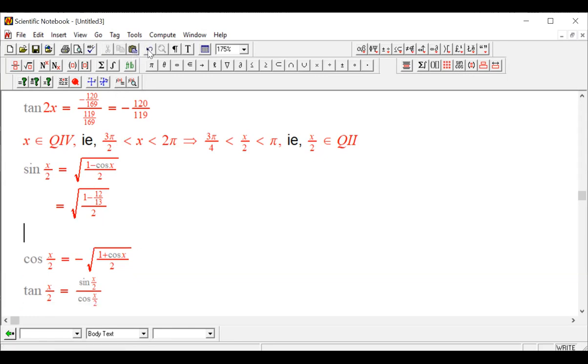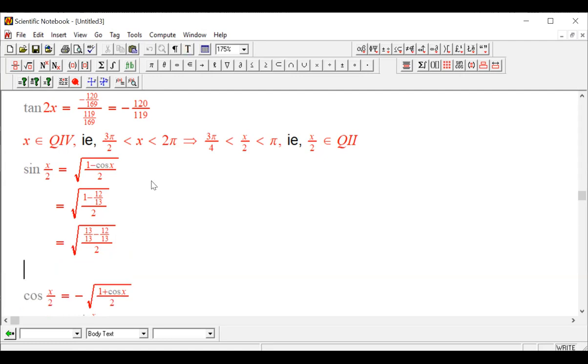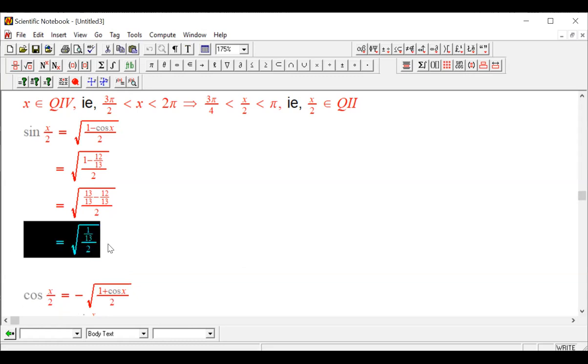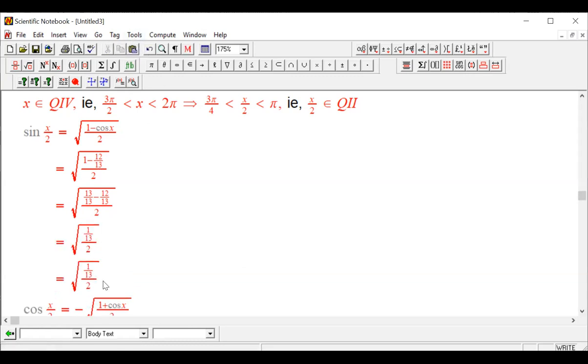After this, I'm going to take a break. So 13 minus 12, that's 1. So the top is 1, under 13. And next, we multiply 13 on top, and we multiply 13 on the bottom.